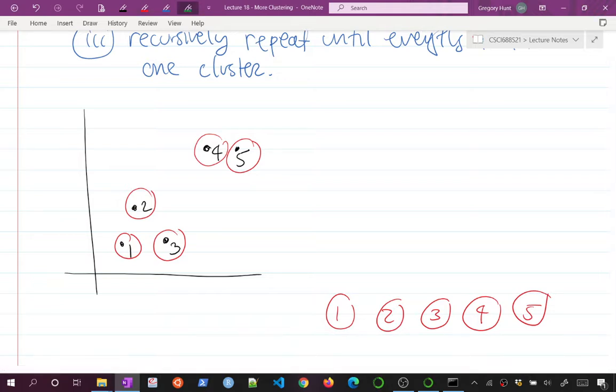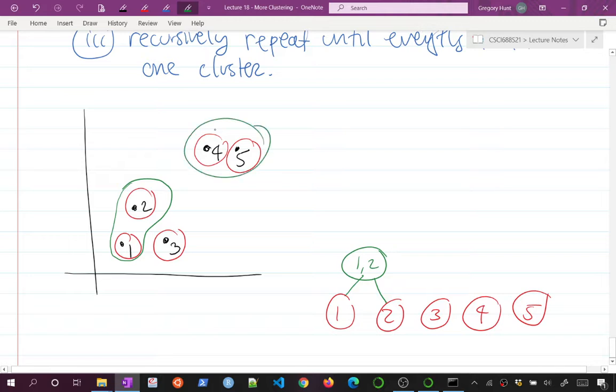And then I'm going to merge clusters that are close. So maybe clusters 1 and 2 are kind of close to each other. So I merge those into the cluster 1, 2. And then maybe cluster 4 and 5 are the next closest clusters, so I'll merge these into cluster 4, 5.